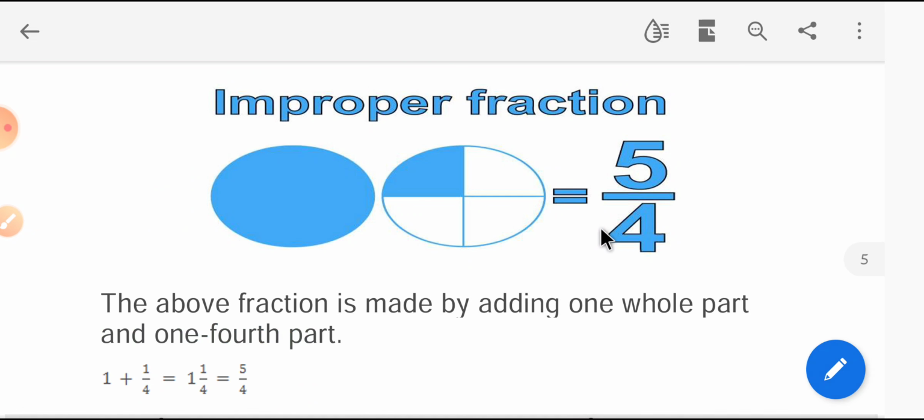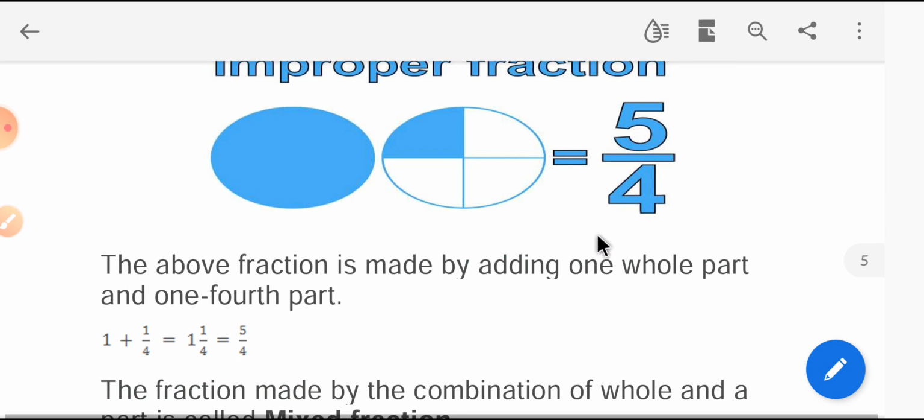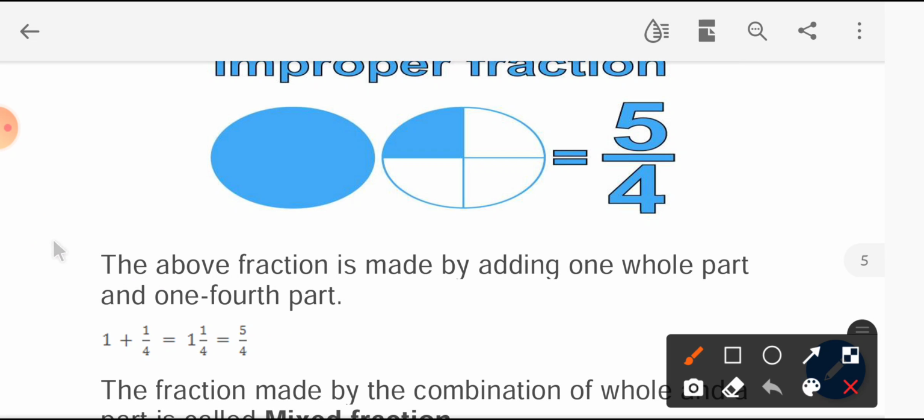It means it's a type of improper fraction. So the above fraction is made by adding one whole part and 1 by 4th part. Here you can see how it is made. 5 by 4 is completely 1 plus 1 by 4.